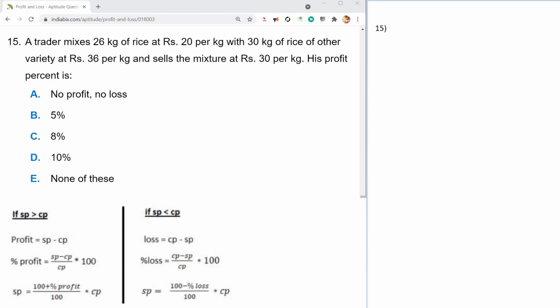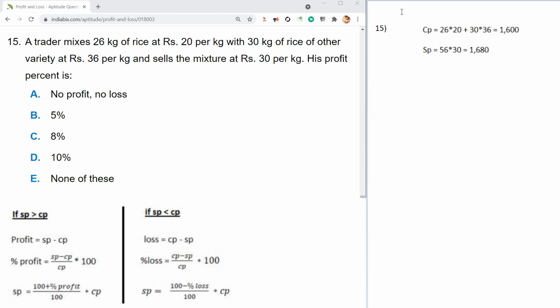So the first quality cost is 26 kg into 20 and the second quality cost price is 30 into 36. So the total cost price is 26 into 20 plus 30 into 36, which is 1600. The total mixture is 26 kg plus 30 kg, that is 56 kg. He sold the 56 kg mixture at 30 rupees per kg, so the selling price is 56 into 30, that is 1680.